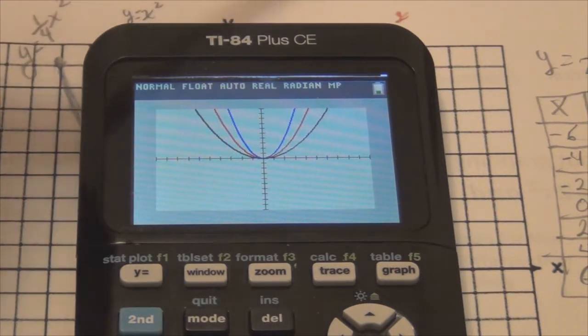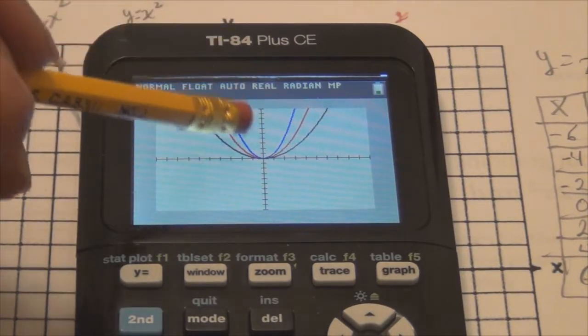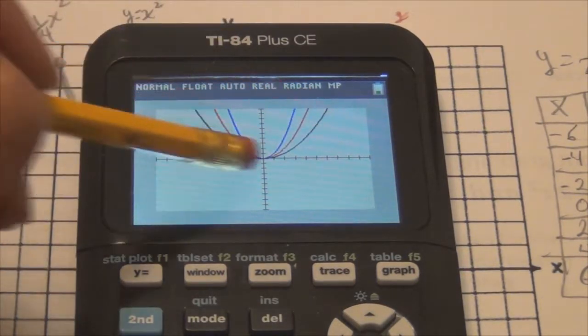And then 1/4. So if the coefficient is between 0 and 1, the closer the coefficient is to 0, then look at this: 1, 1/2, 1/4.